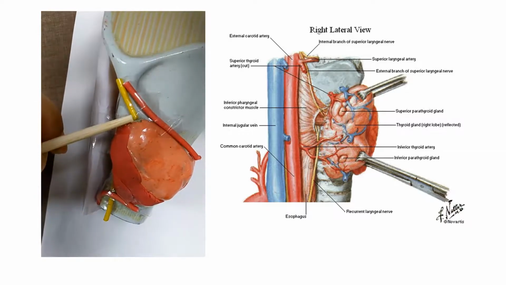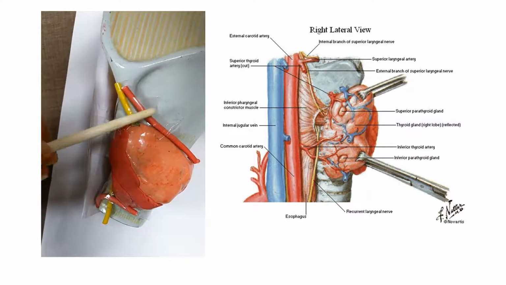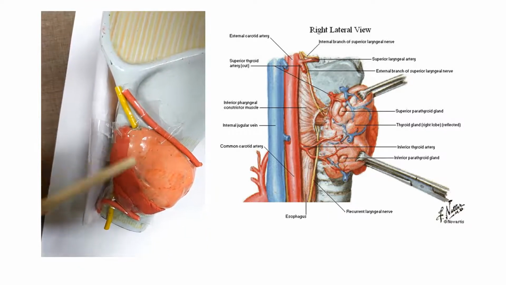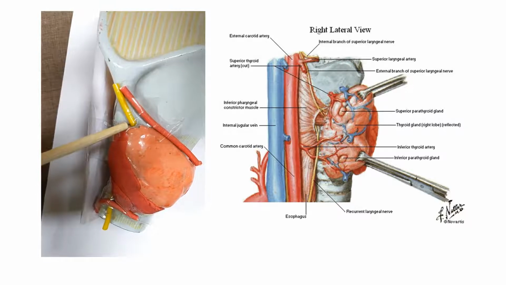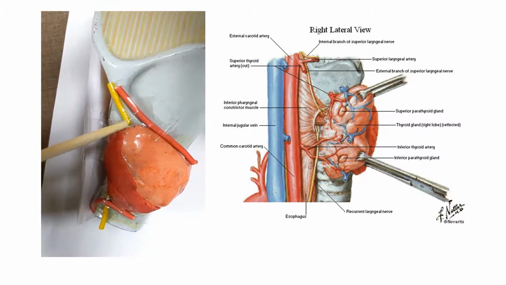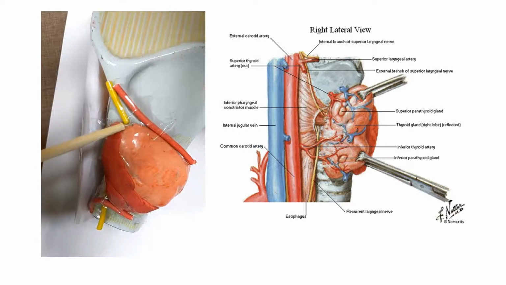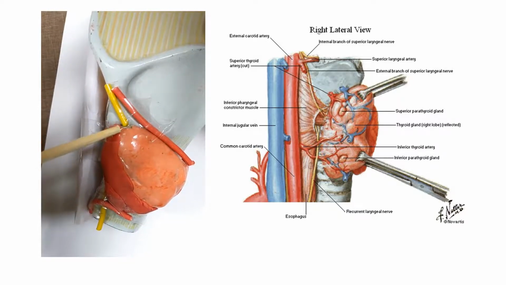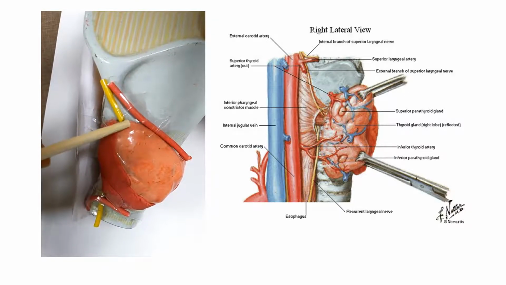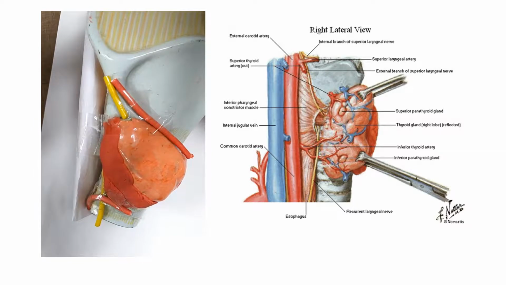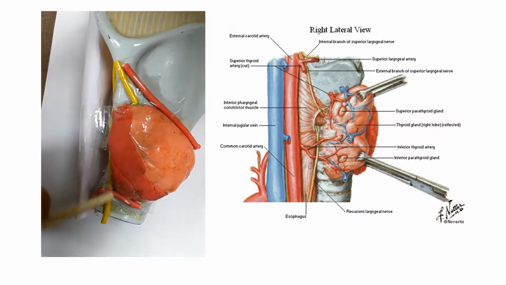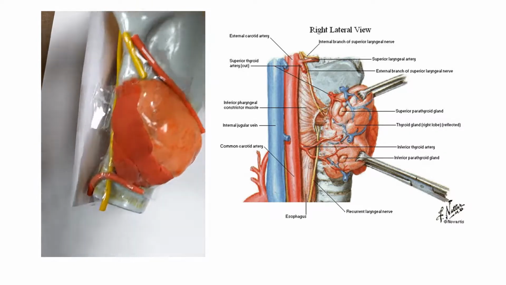So when we do thyroid surgery and we have to ligate the superior thyroid artery, the ligature should be applied near to the gland, because near the upper pole these two structures are diverging from each other. To prevent injury to the external laryngeal nerve, the ligature should be done near to the gland at the upper pole, as the external laryngeal nerve supplies the inferior constrictor and the cricothyroid muscle.